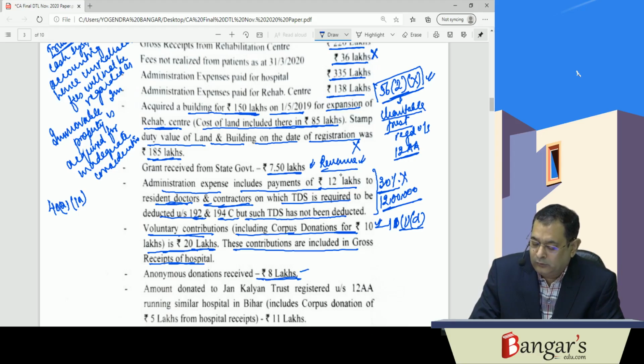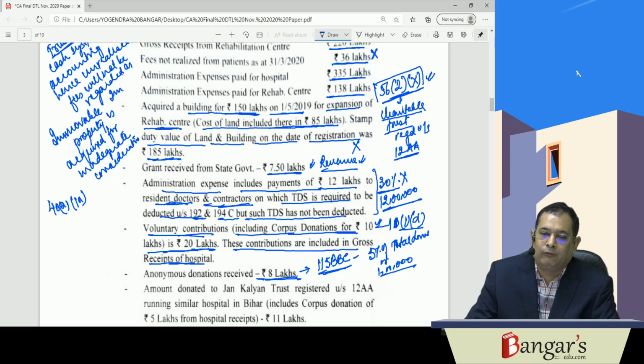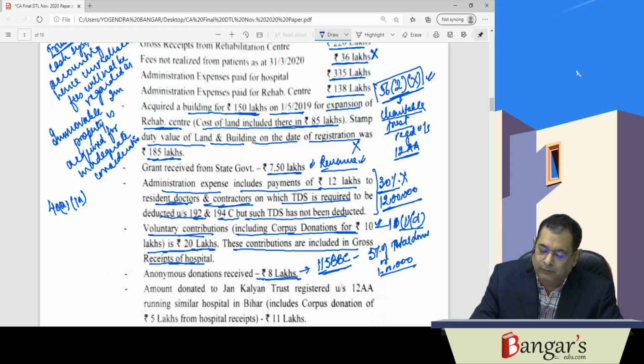Anonymous donations, as you are aware, are taxable under section 115BBC. Anonymous donations up to 5% of the total donations or 1 lakh rupees, whichever is higher, will not be taxable under 115BBC, and over and above the same will be taxable under section 115BBC.